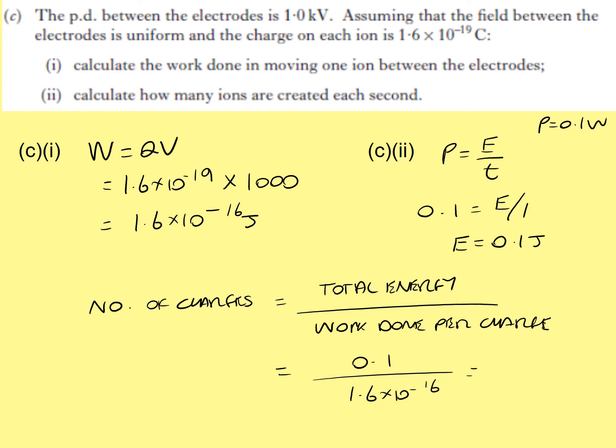You end up with a value of 6.25 times 10 to the 14. No units. That's the number of ions.